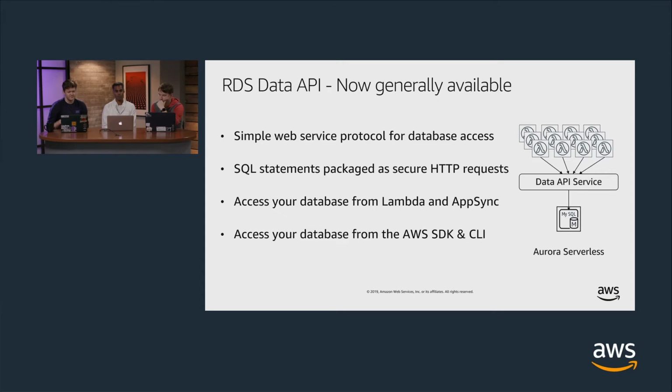That's one path forward. The other path forward is we launched the RDS Data API. It went into preview late last year, and we recently went GA. The idea behind the RDS Data API was to handle things like the Lambda and AppSync use cases. It's a web service on a public endpoint. You get to enable or disable it for your Aurora Serverless database, and you can route SQL statements through a secure HTTP endpoint.